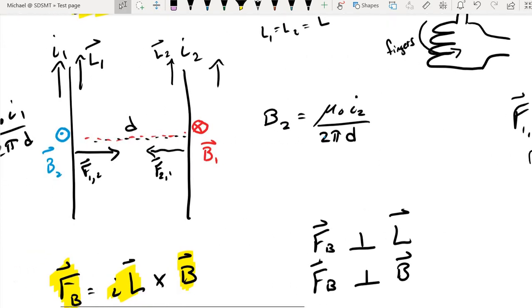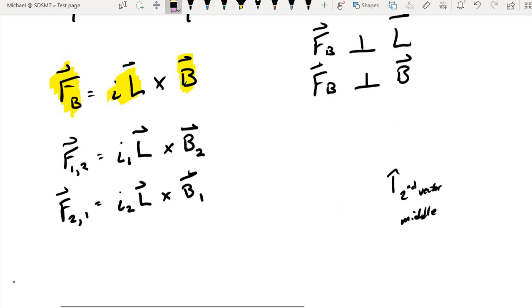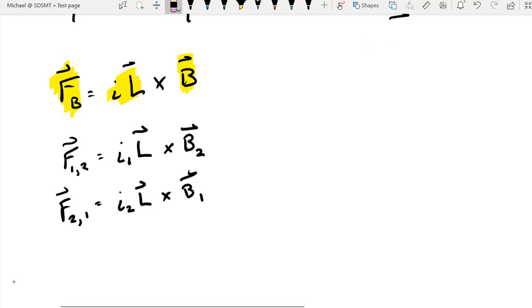And to do that, or at least to start in doing that, we can try evaluating these cross products. And when it comes to evaluating a cross product, the easiest way is to take the magnitude and angle relationship between the two vectors.